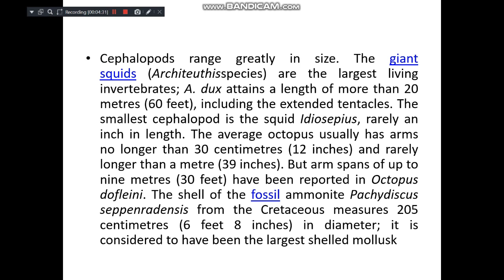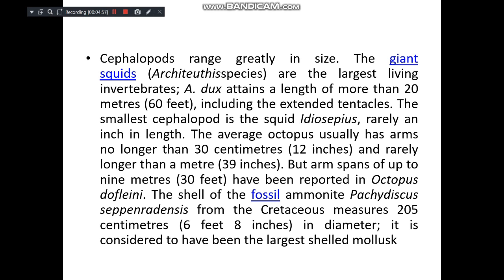Even the cephalopods' size range is very diverse. There are some giant squids. There is the Architeuthis species. They are the largest living invertebrates.